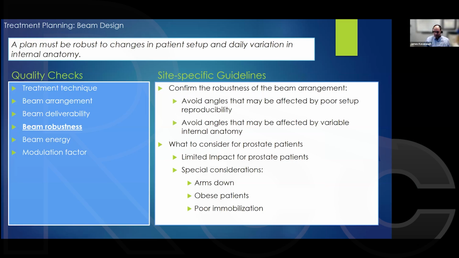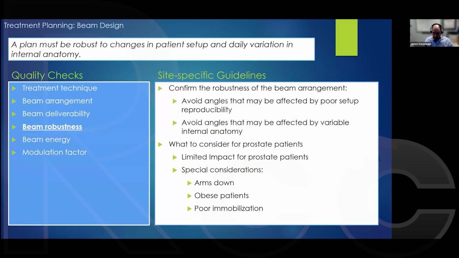Beam robustness: we want to confirm the robustness of the beam arrangement. So avoid angles that may be affected by poor setup or reproducibility, and avoid angles that may be affected by variable internal anatomy. And then what to consider for prostate patients specifically, limited impact, again, with a few exceptions. I mentioned the arms. There could be a situation where all of our arms are up, but there can be situations where patients just can't do that. They may have something that restricts their arm coming up altogether and it's down by their side.